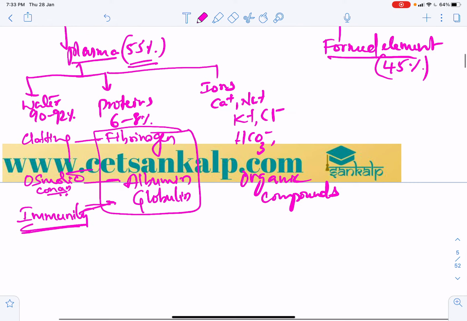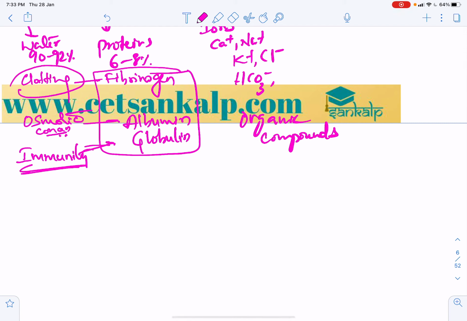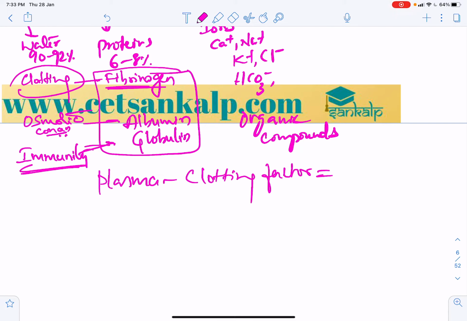So plasma without the clotting factor fibrinogen is called serum. These are the things you have to keep in mind.